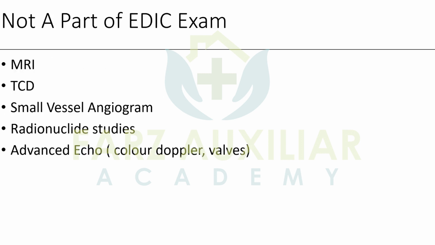So these are not part of the EDIC exam: MRI, transcranial Doppler, small vessel angiogram, radionuclide studies, and advanced echo. These are usually not a part of the EDIC exam. So don't go for these things, otherwise unnecessarily you will waste your time.